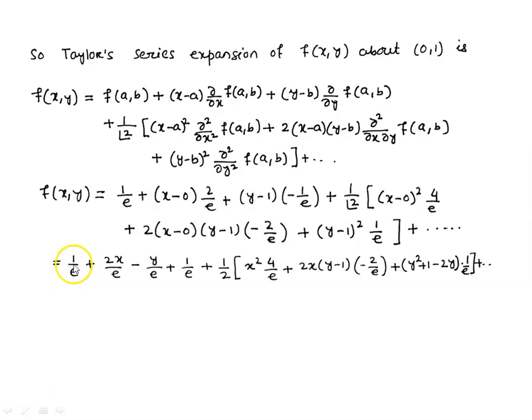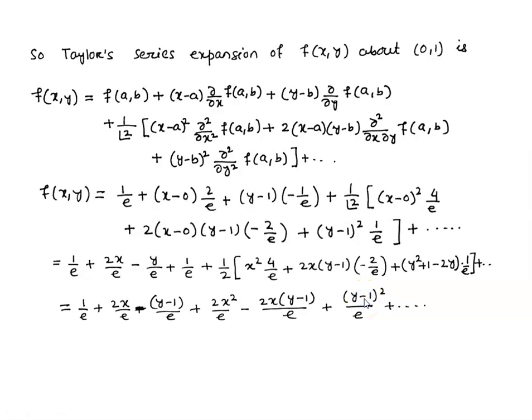Which is equal to 1 by e plus 2x divided by e minus y divided by e plus 1 by e, plus 1 by 2 into x² times 4 by e plus 2x(y−1) times −2 by e plus (y² plus 1 minus 2y) times 1 by e, and so on.